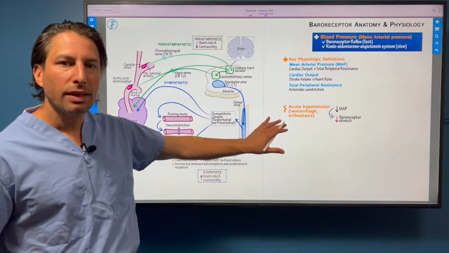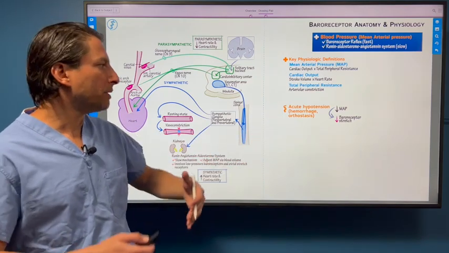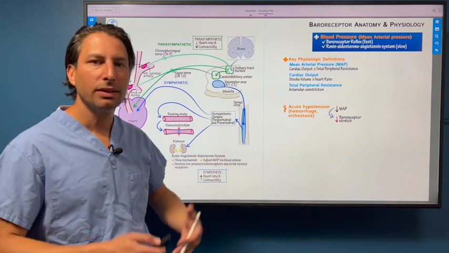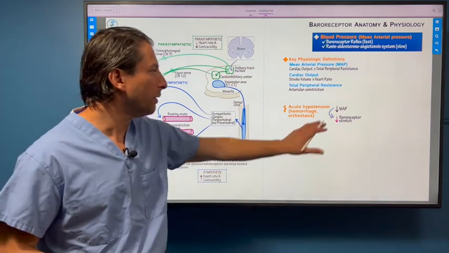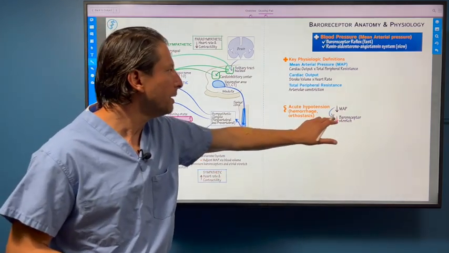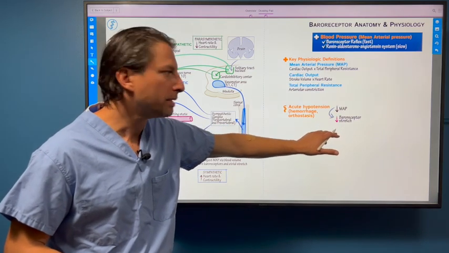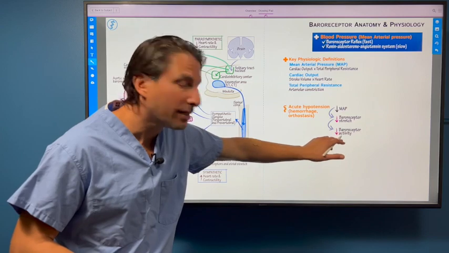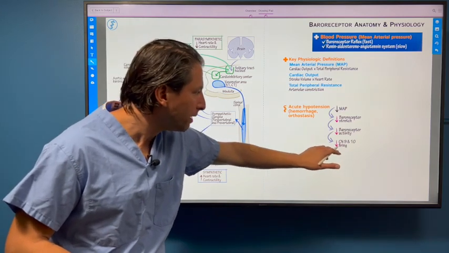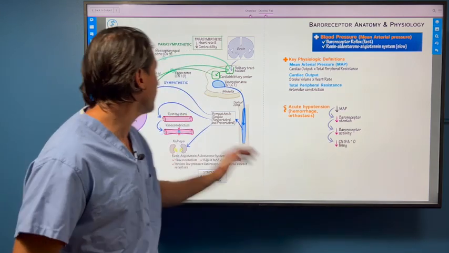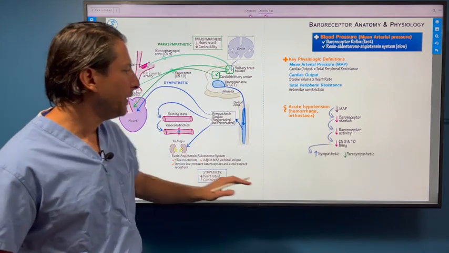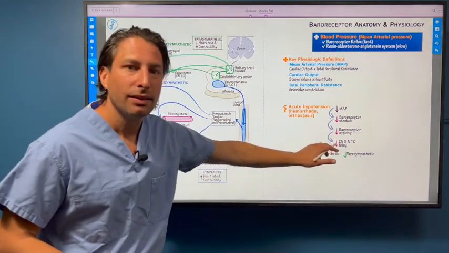So walking through this anatomy and physiology, we can think about when a person's bleeding out or there's acute hypotension, dehydration, loss of volume. If there's a loss of volume, there's going to be a loss of mean arterial pressure. There's going to be a reduction in baroreceptor stretch. There's going to be a reduction in baroreceptor activity, a reduction in cranial nerve 9 and 10 firing, which is up here. And thus, there's going to be a reflex.